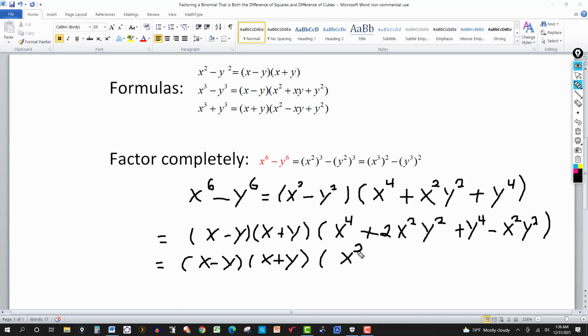It becomes a square trinomial. So I can rewrite it this way. X squared plus y squared, quantity squared. This is the same thing as x to the fourth plus 2x squared y squared plus y to the fourth.